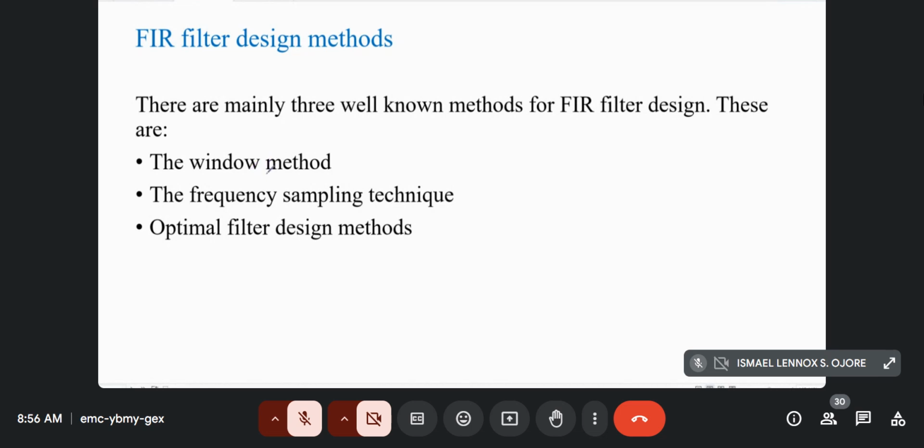I remember we talked about it before the break, when we were looking at intersample interference.